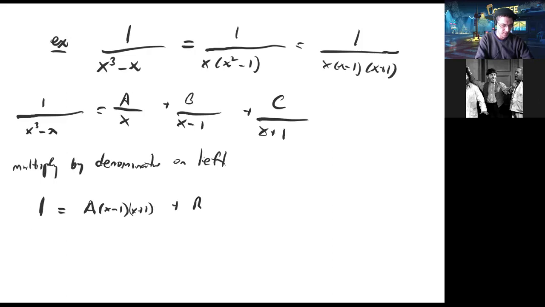And similarly, B becomes x times x plus 1, and C over x plus 1 becomes C times x minus 1. So now you can do either the first method or the second method, meaning you could either expand the right-hand side and then equate the coefficients of the polynomials on left and right, or you can do the test values. I'm going to do test values.